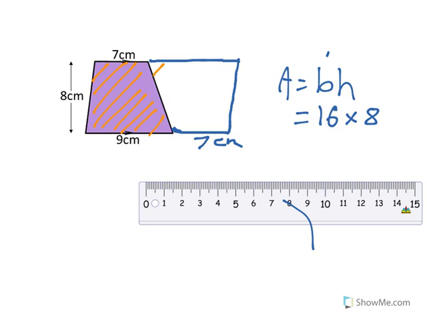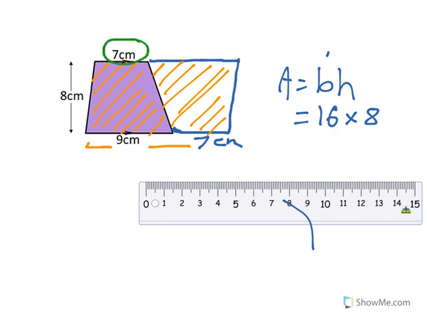I just doubled it and put it over here, and we formed a parallelogram. So we added the base, which was originally the top base, or base 1, and base 2.